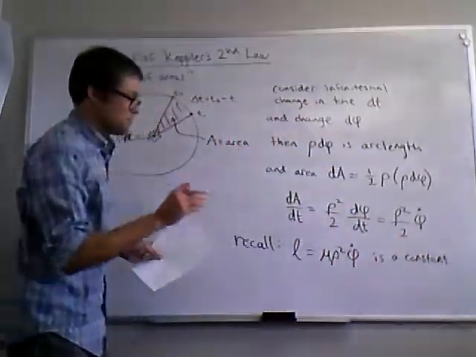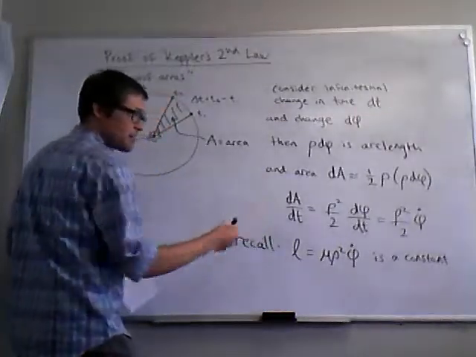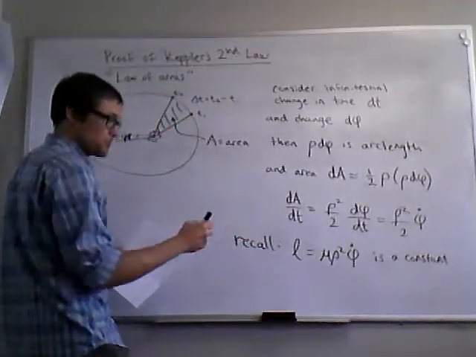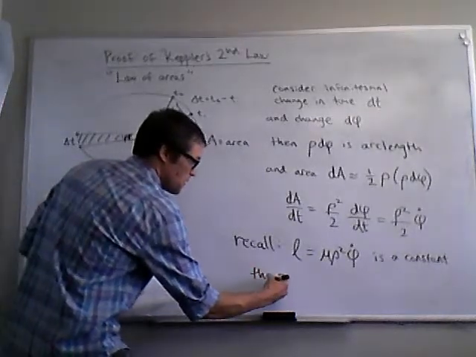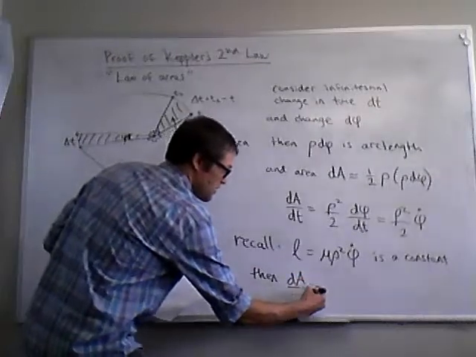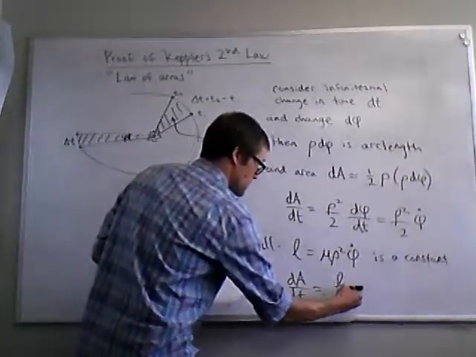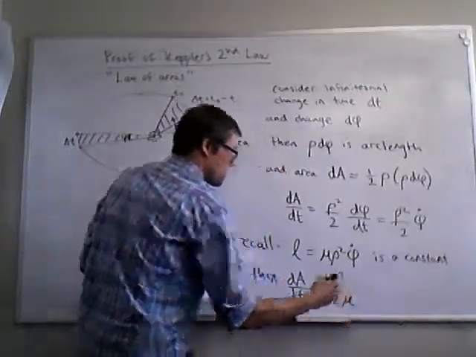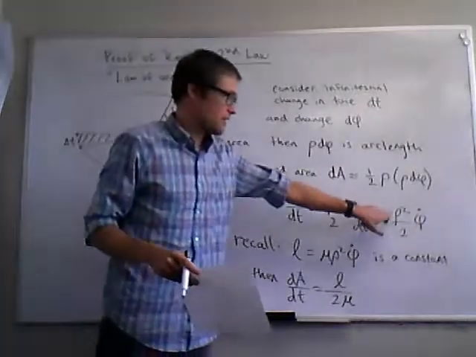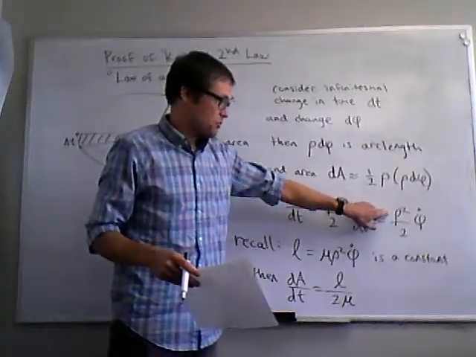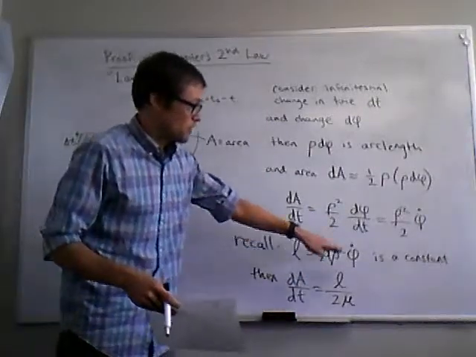That's the angular momentum. So clearly this area rate is directly proportional to the angular momentum, which is a constant. So then our dA dt is just equal to L over 2 mu. You take this thing and divide it by 2 mu, you get that.